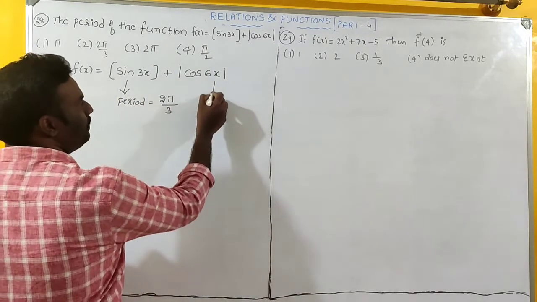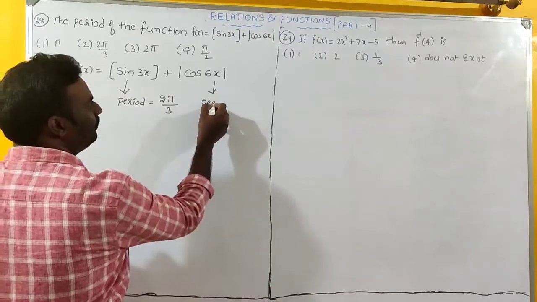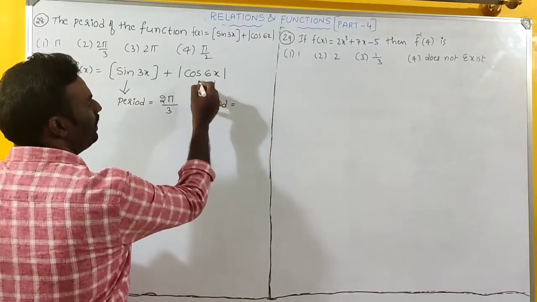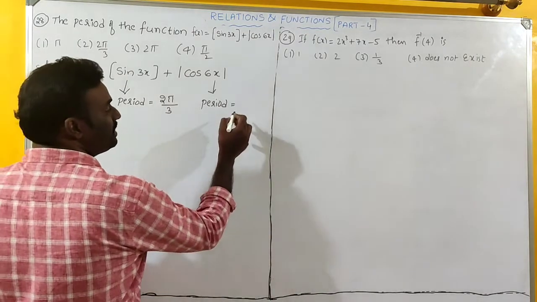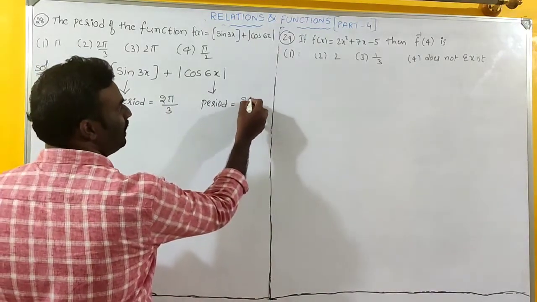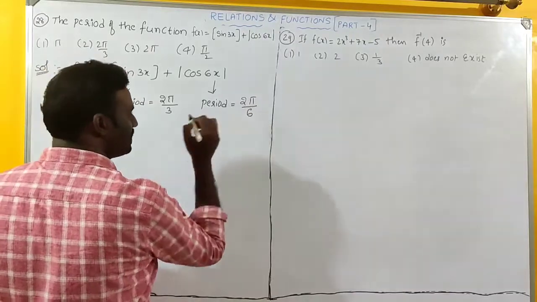Next I am finding the period of this function. Here the function is cos, power is 1. 1 is odd. If the power is odd, then the period is 2 pi by the coefficient of x, which is 6.